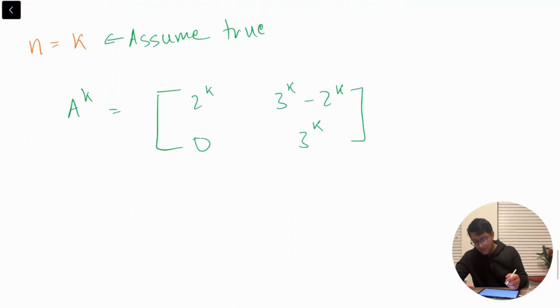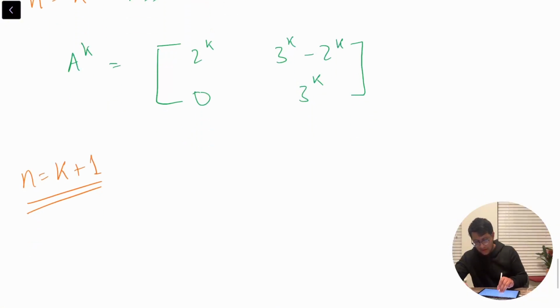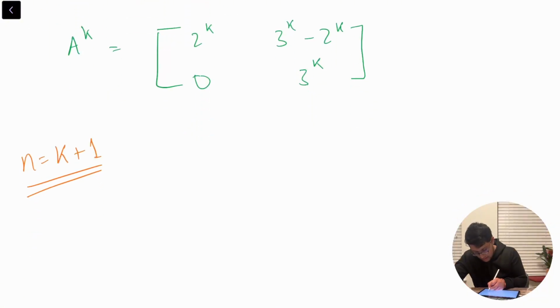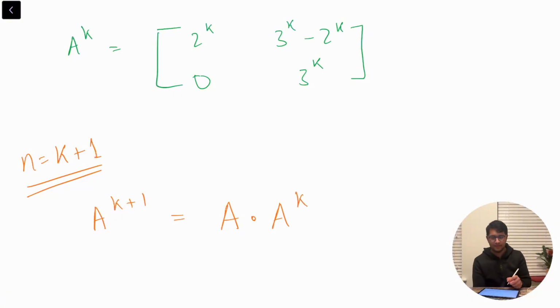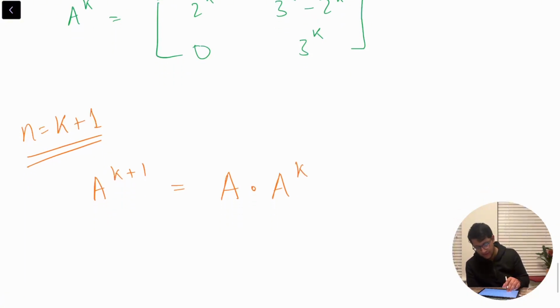But now that we've assumed it to be true for n equals k, we'll try and figure out for n equals k plus 1. For n equals k plus 1, we'll do A to the k plus 1. Now, if you know anything about matrices, or the laws of matrix multiplication in particular, you know that A to the k plus 1 is just the matrix A multiplied with the matrix A to the k, right?